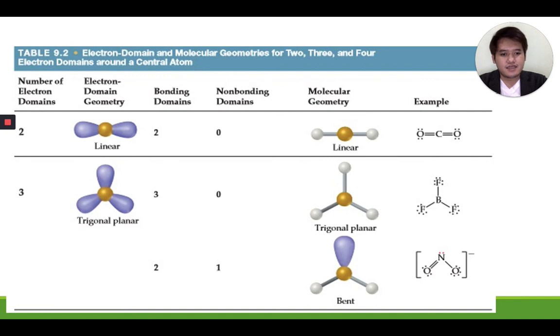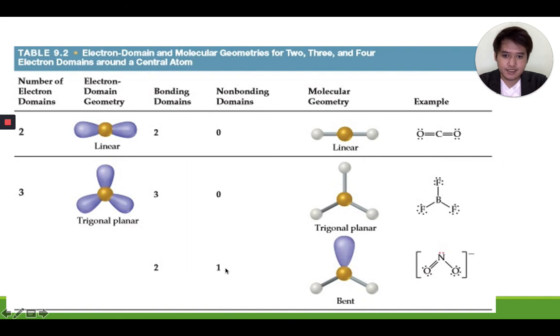Now, let's take another example, this ion, NO2 minus. You see here that a double bond is one bonding domain. So this is 1, then 2, there is a non-bonding domain, and 3. So there are 3 electron domains, but out of the 3, there are 2 bonding domains and 1 non-bonding domain.